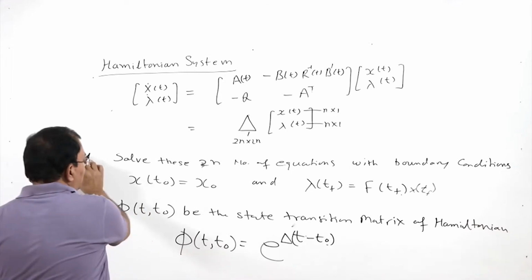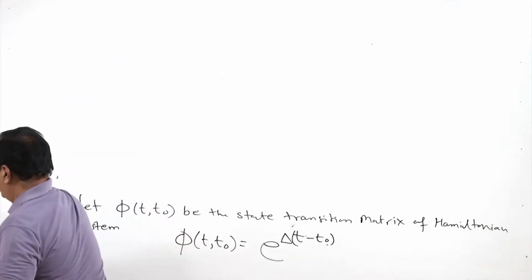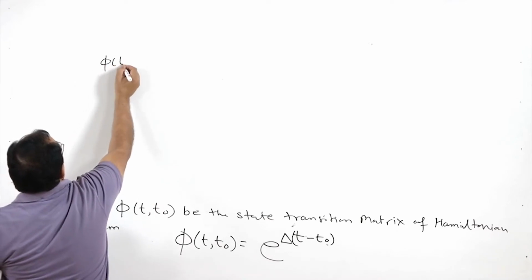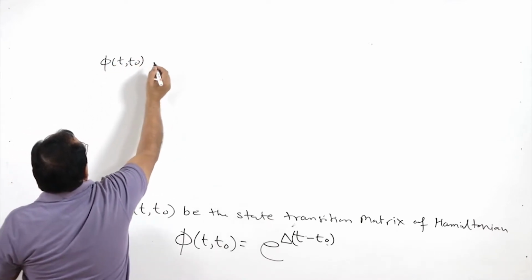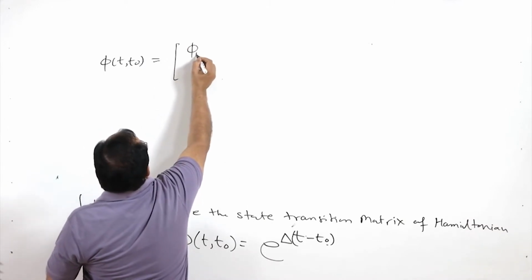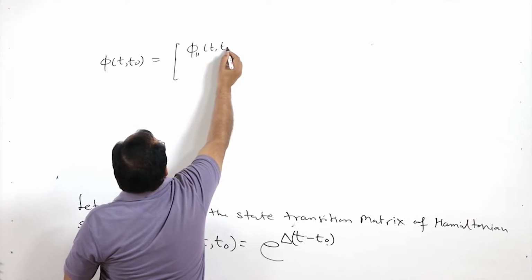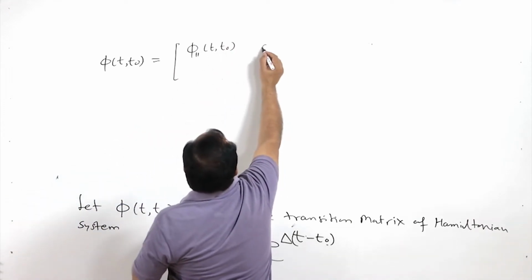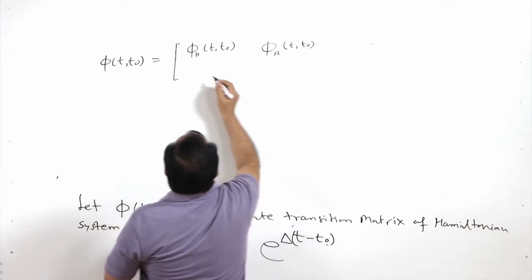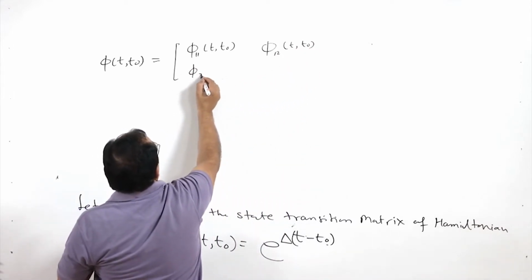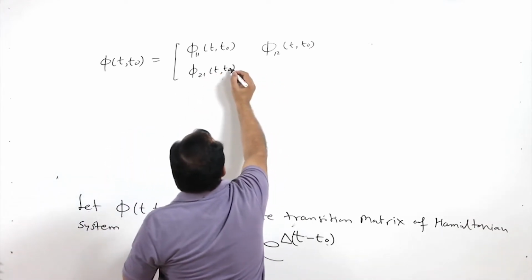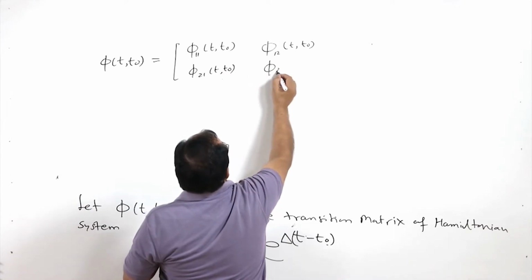Let us partition it: we write phi(t, t0) in partition form as phi 11, phi 12, phi 21 and phi 22.